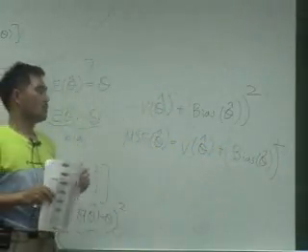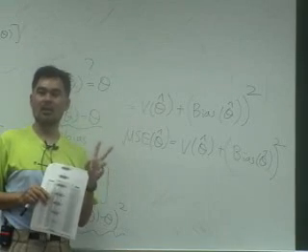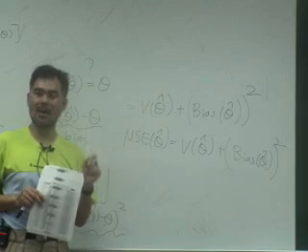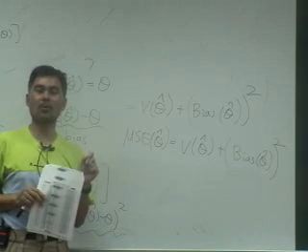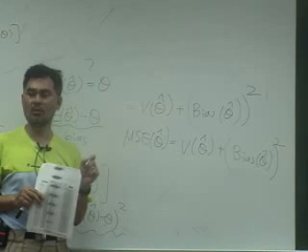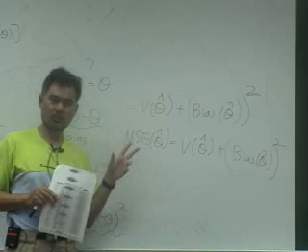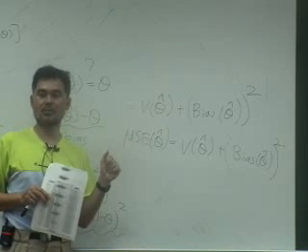Of course, if both estimators are unbiased, then we are looking for efficiency, so we will choose the one with smaller variance. But what about here? Suppose you have two estimators.